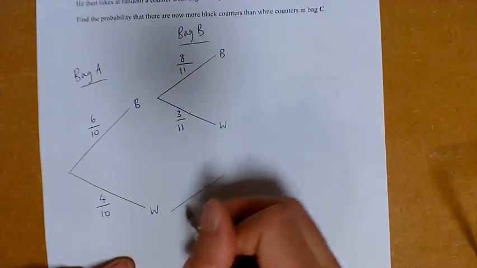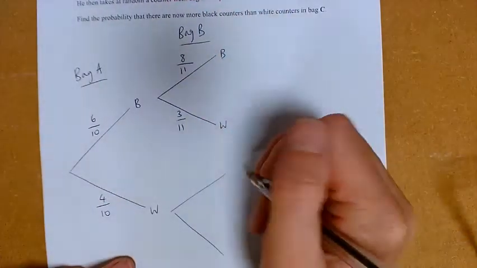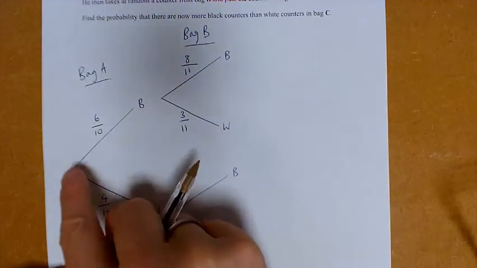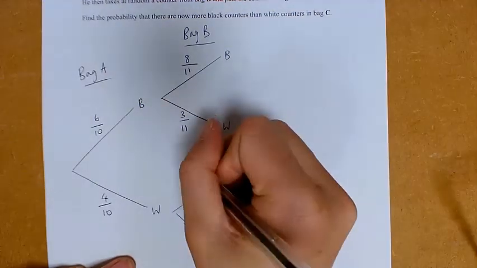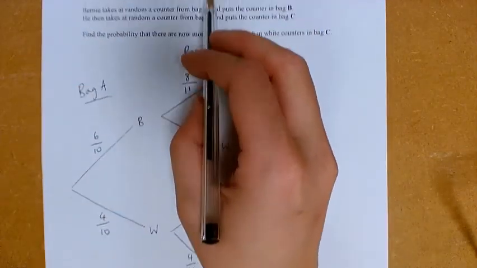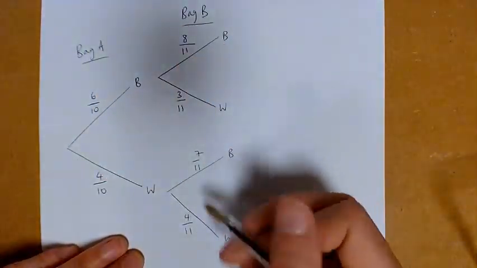And similarly down here, this is still going to be bag B, but this is the other alternative version. We've got black and we've got white. Now, if I come down this pathway, I'm going to have an extra white one. So 4 out of 11 and 7 out of 11. In that bag B, I had 7 and 3, but if I've come down this pathway, I've now got 7 and 4.